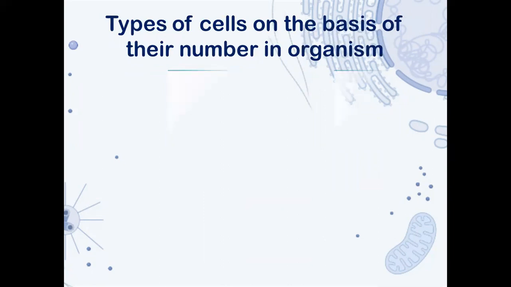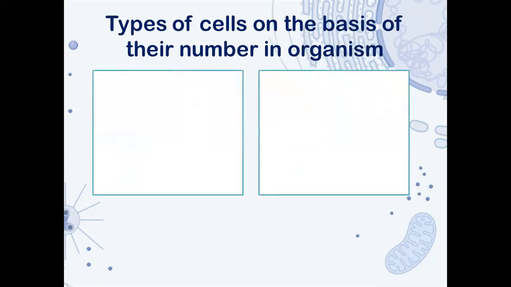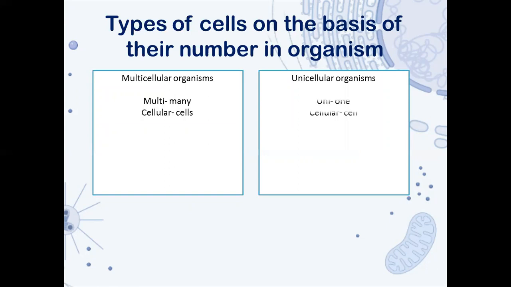There are two types of cells on such basis: multicellular organisms and unicellular organisms. Multi means many and cellular means cells. In a similar manner, uni means one and cellular means cell.